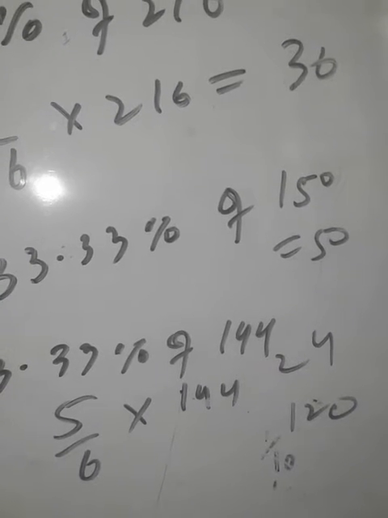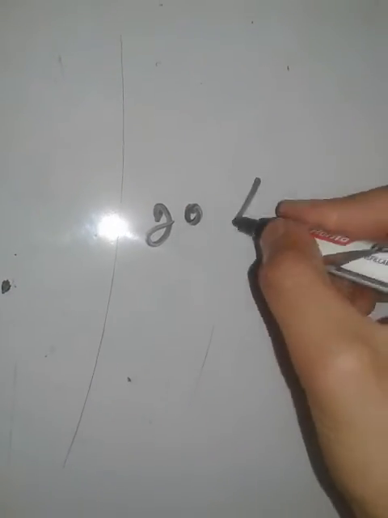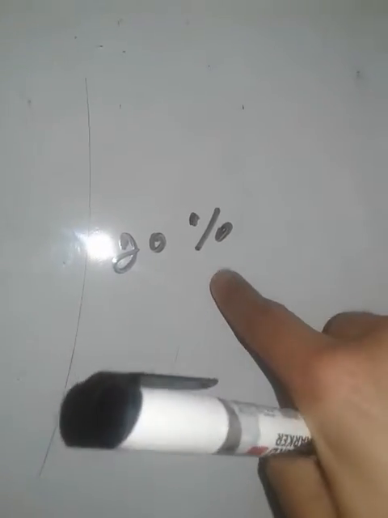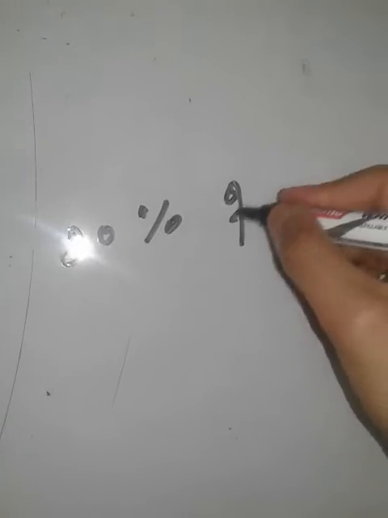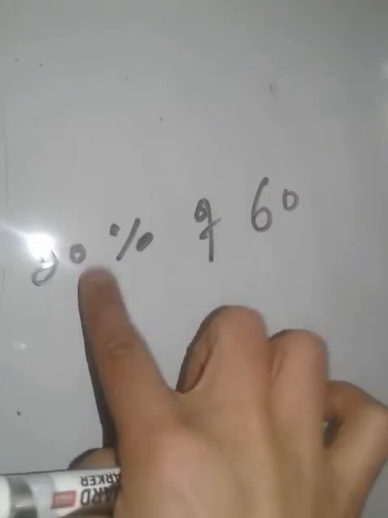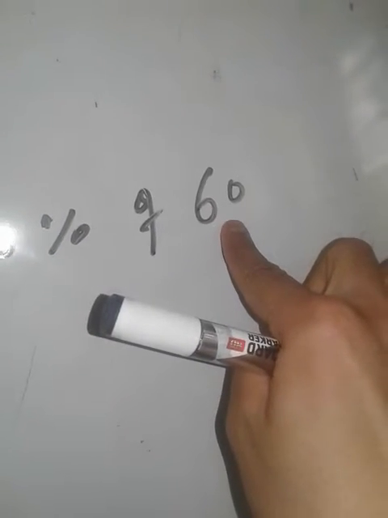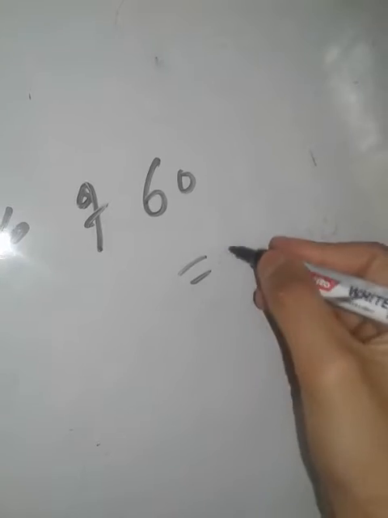For example, if we are asked to find 20% of 60, we will do it in two methods. 20% represents 1 by 5, so you divide 60 by 5, it is 12.